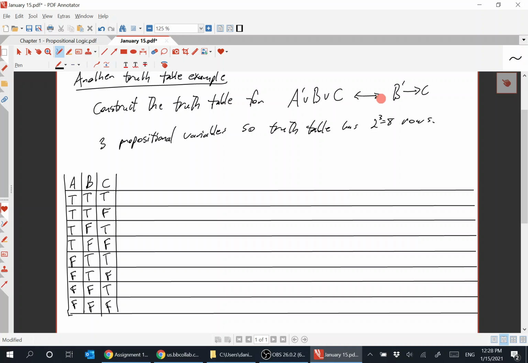And now we start putting together the connectors in the order that is specified by parenthetical expressions or by operator precedence. So first would come these negations, the A naught and the B naught.